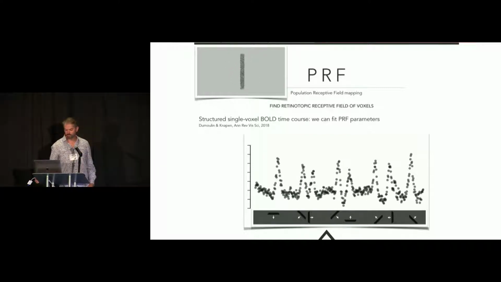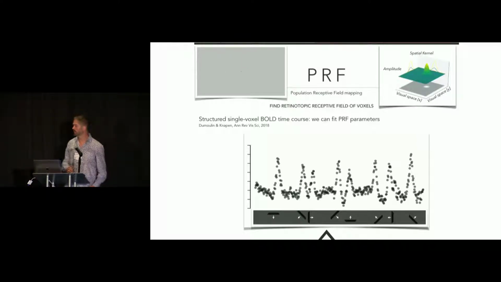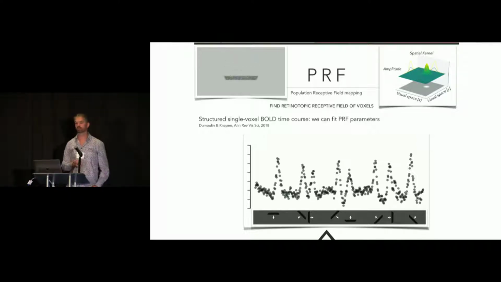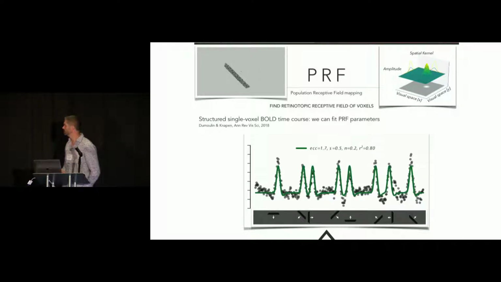What we can do is try to fit the exact spatial location that this voxel likes by assuming that its response is due to a population receptive field, in this case shaped as a two-dimensional Gaussian. We can change the parameters of this Gaussian, like the location and the size of it, and then fit the time course. Right?